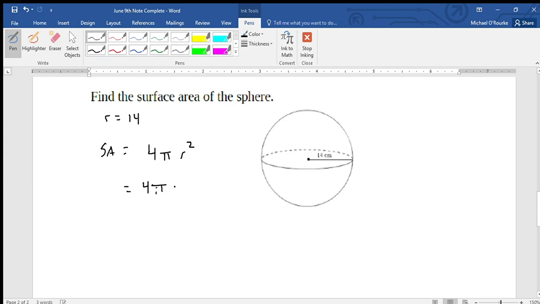Doesn't really want to write there, does it? Times 14 squared. And just plug that in. 4 times pi times 14 squared equals 2,463 centimeters squared.